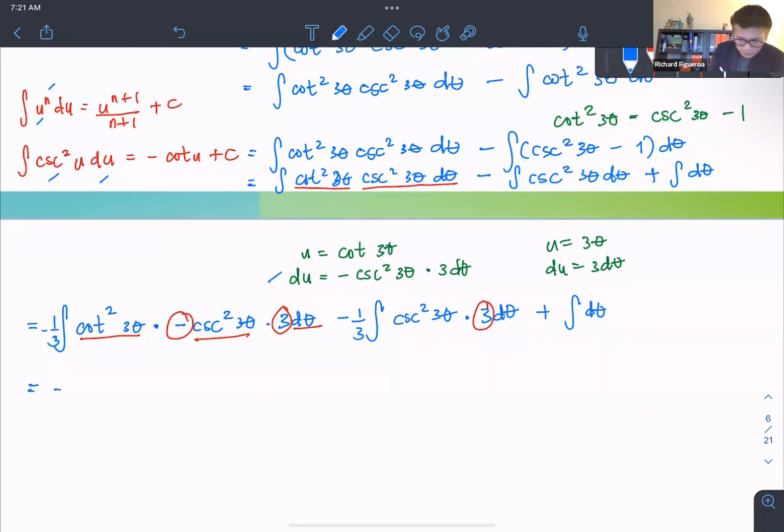So our answer then would be negative 1/3. So we use the power rule. So this one, u raised to n plus 1. So cotangent, 2 plus 1, it's 3 all over 3. And then for the second one, so negative 1/3. So the integral of cosecant squared is negative cotangent of 3 theta.